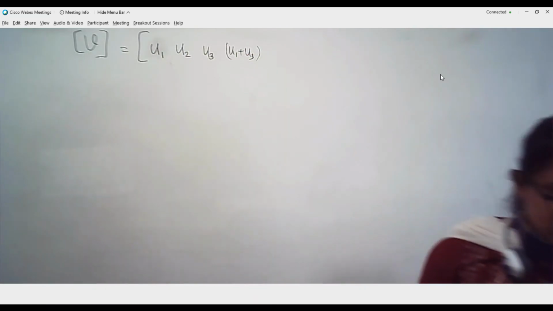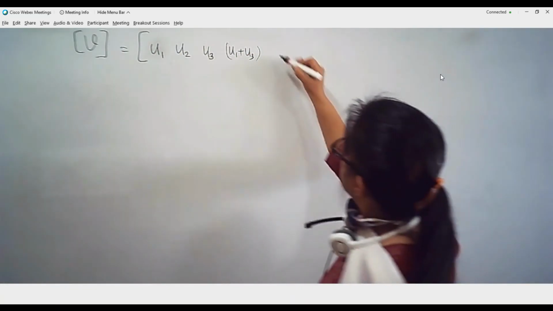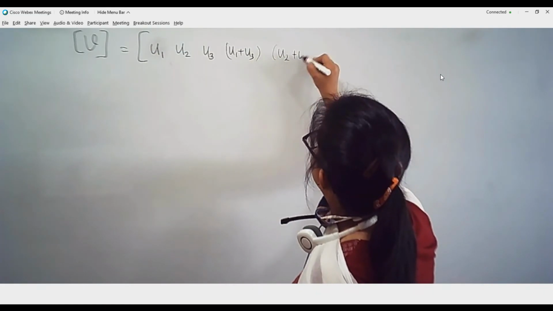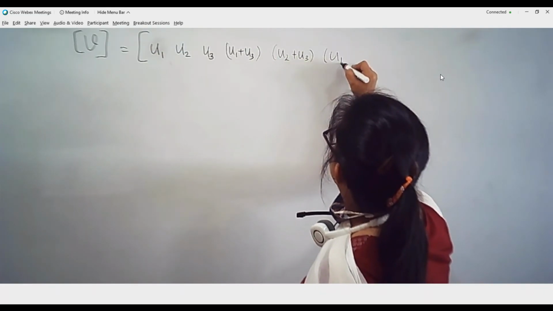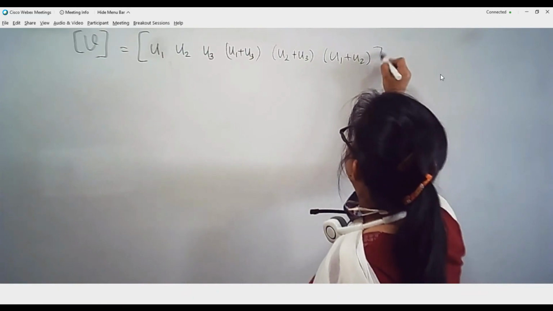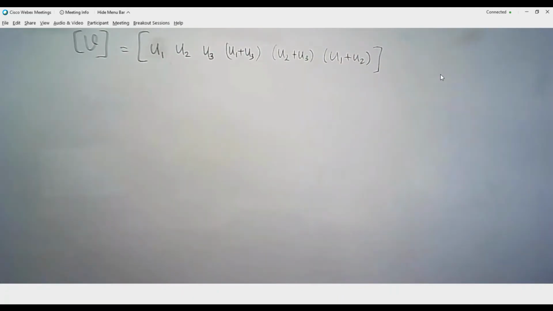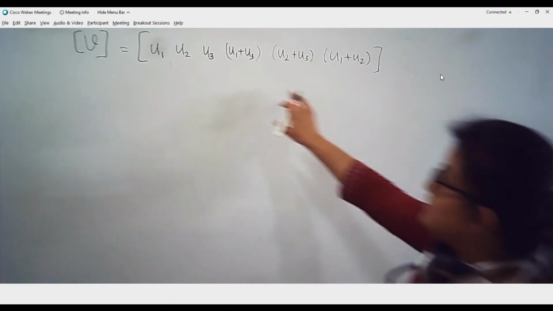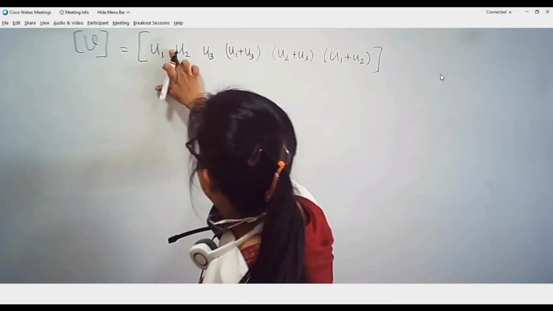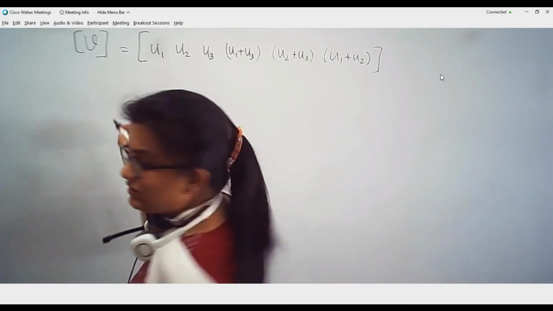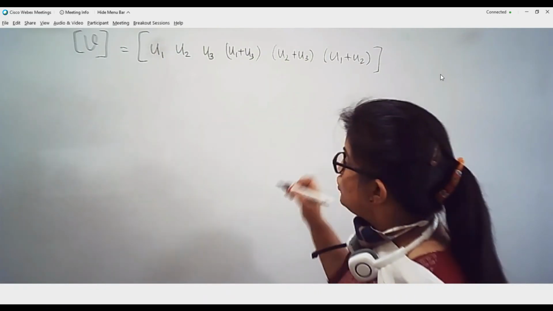The fifth bit is U2 plus U3. The last bit is U1 plus U2. So these are the equations of the redundant bits as well as the actual bits, which are the parts of the message information. Now we will be writing the circuit for this.